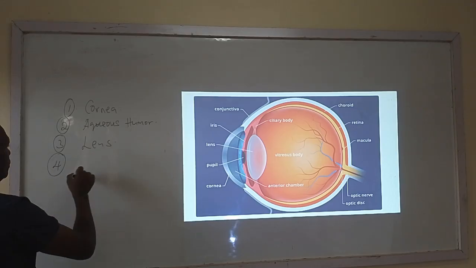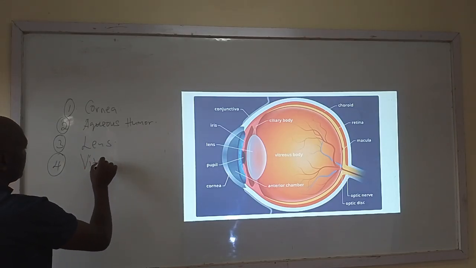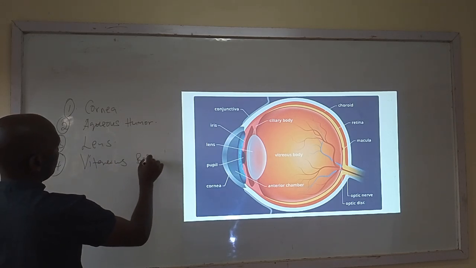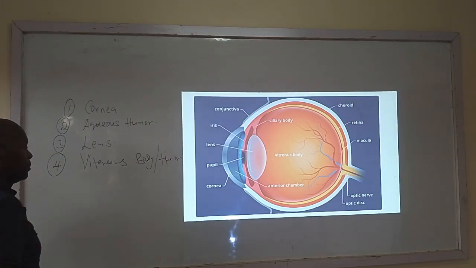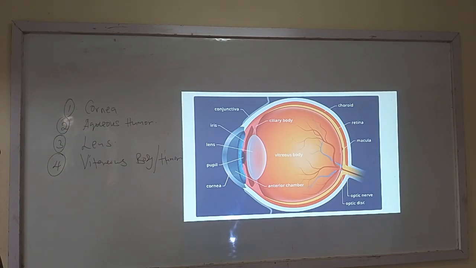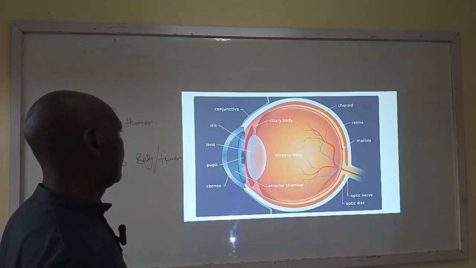Number 4, we have the vitreous body or humor. You can use these two words, they are acceptable. So these 4 are the structures that form the optical system of the eye.